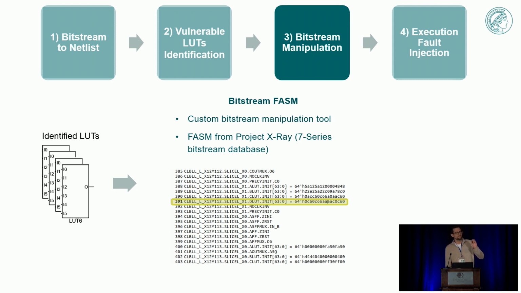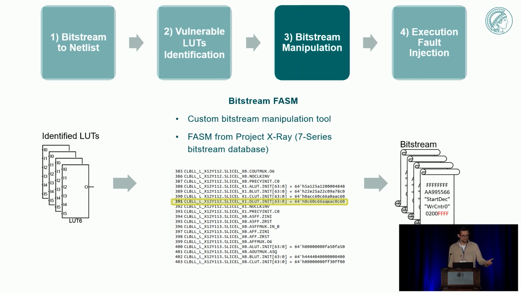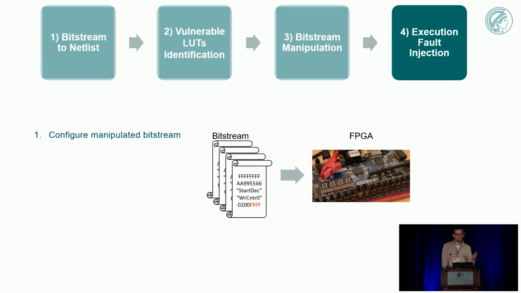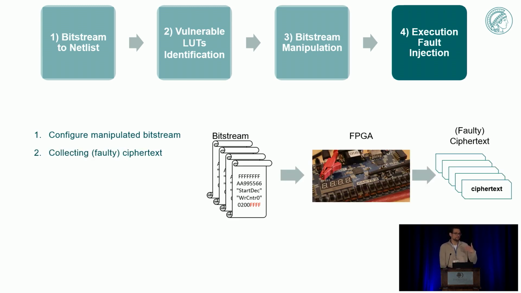And we manipulate the bitstream only at the exact points where this lookup table is, so no resynthesizing the design or anything else. So we get out a bunch of bitstreams, and these bitstreams we have generated, we can load them to the FPGA, querying the cipher, so we get hopefully faulty ciphertext out, and hopefully one of these ciphertexts leaks then the key.